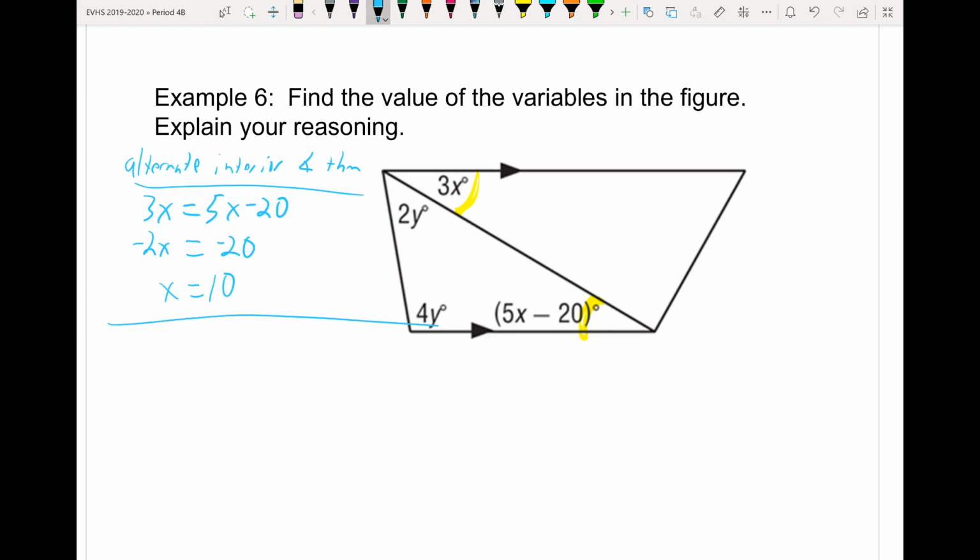Okay. Almost done. Now we got to figure out what to do with our y's. Anybody want to take a wild stab at how these two angles are related? Okay, I'm hearing corresponding, I'm hearing alternate interiors, I'm hearing all that sort of stuff.